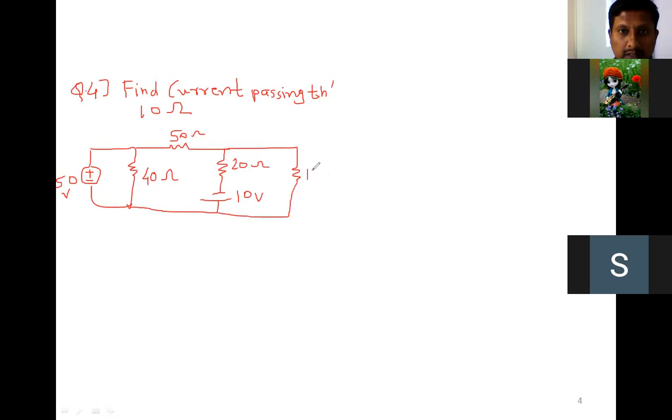Okay, and this will be the 10 ohm. So this was the question, that is find current passing through 10 ohm, means we need to find out the current passing through this 10 ohm.